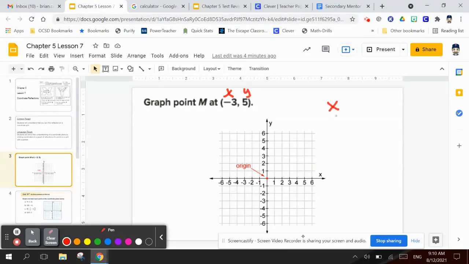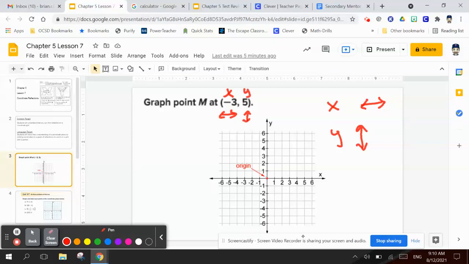X values go left to right. Y values go up and down. So when I look at my coordinates, -3 goes left or right, and 5 is either up or down, depending on if it's positive or negative.